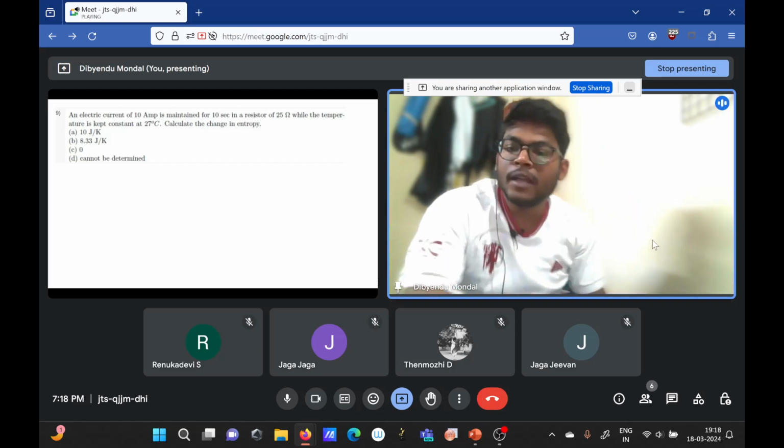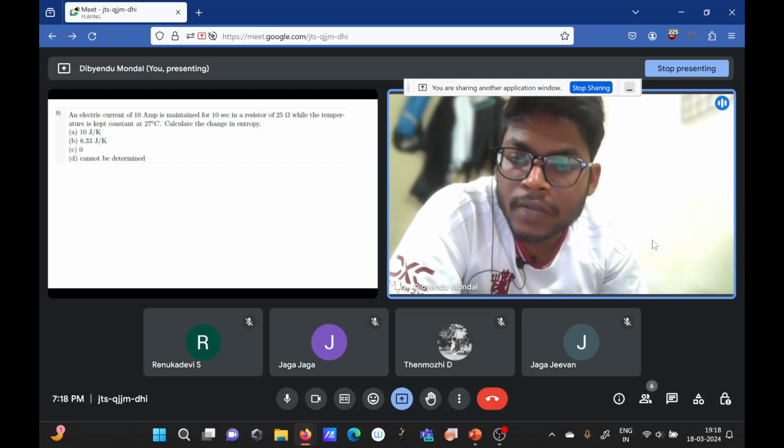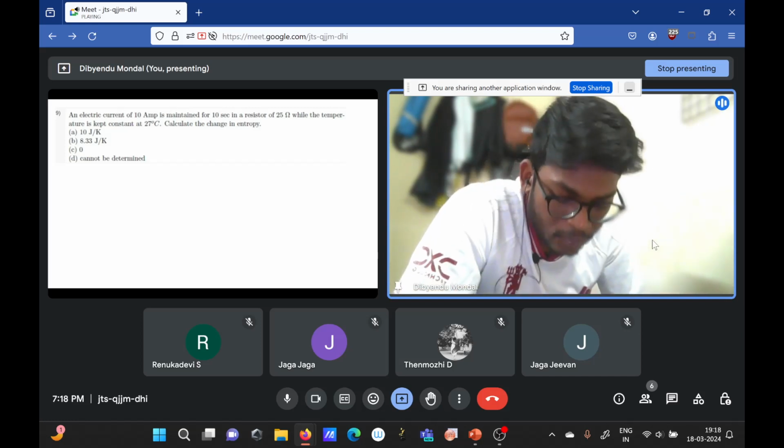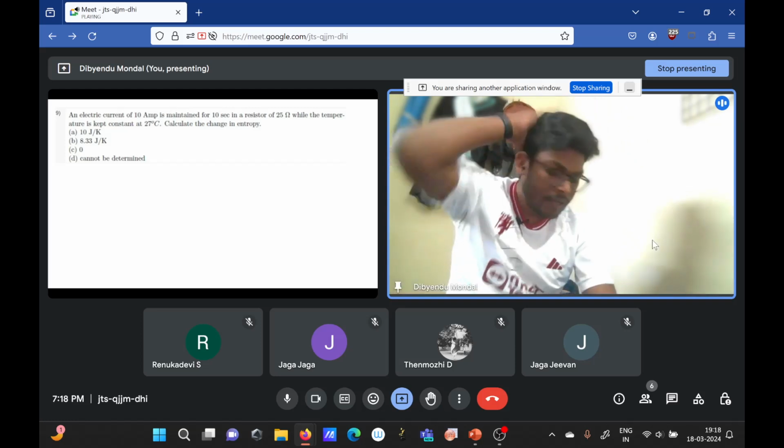Electric current of 10 ampere is maintained for 10 seconds in a resistor of 25 ohm while the temperature is kept constant. Calculate the change in entropy. Now, what is the formula for heat produced in an electric wire?